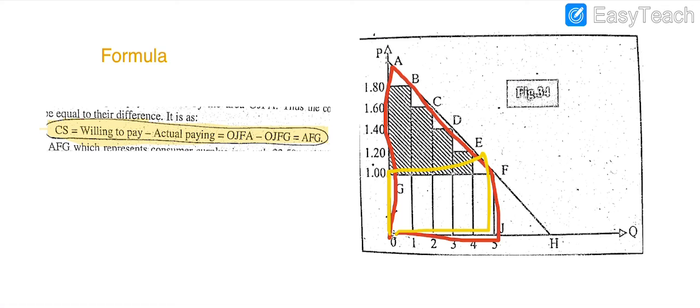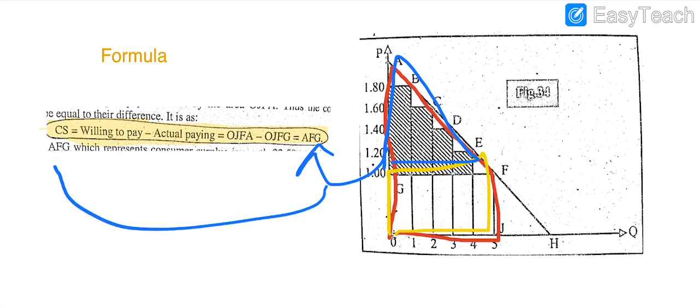Here the red color is showing the area which the consumer is willing to pay, while the yellow color is showing the area which the consumer is actually paying. And what is the difference between them? That is AFG. And what is AFG? Here, the blue color is presenting AFG, and this is actually the consumer surplus. This is showing the consumer surplus.